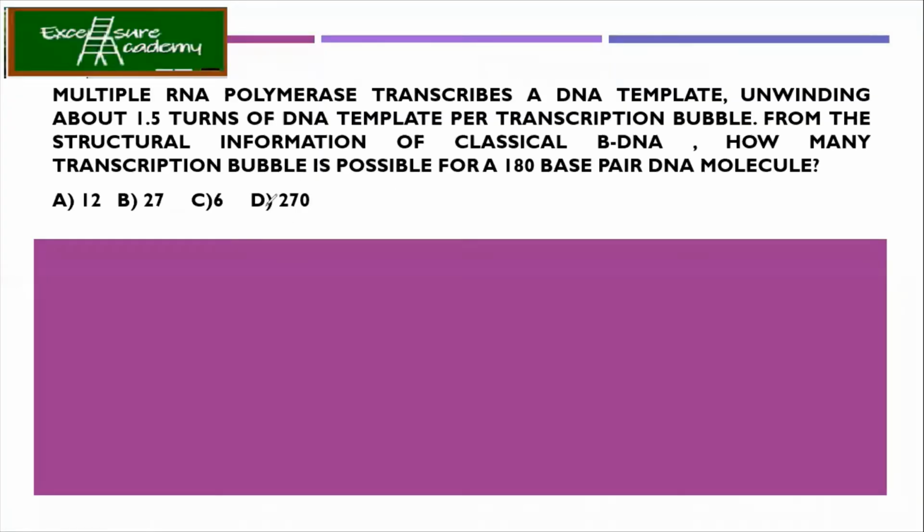1.5 turn equal to 15 base pair. Okay, one turn you are saying is 10 base pair. So 1.5 turns means 15 base pair, right? Because 1.5 into 10 is 15 base pair. Then you're going correct, divide by 15.